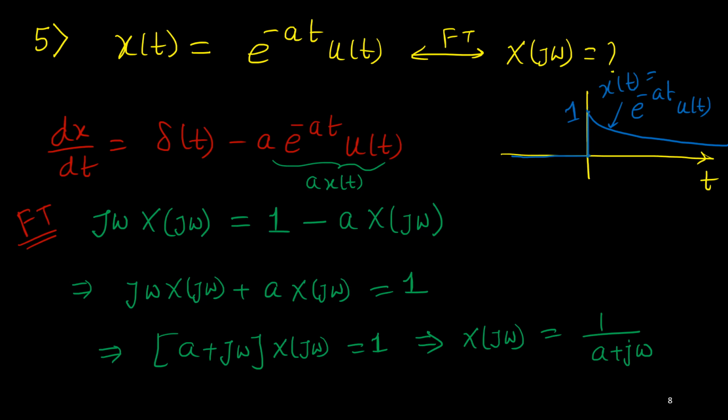And this signal does not have any DC component because it is going towards 0 at t equal to infinity, so it will not contain any impulse in the frequency domain. So this is the final result.